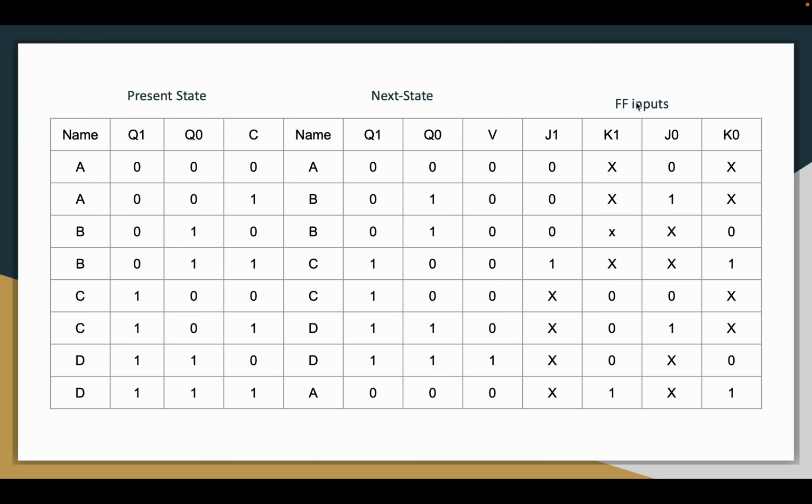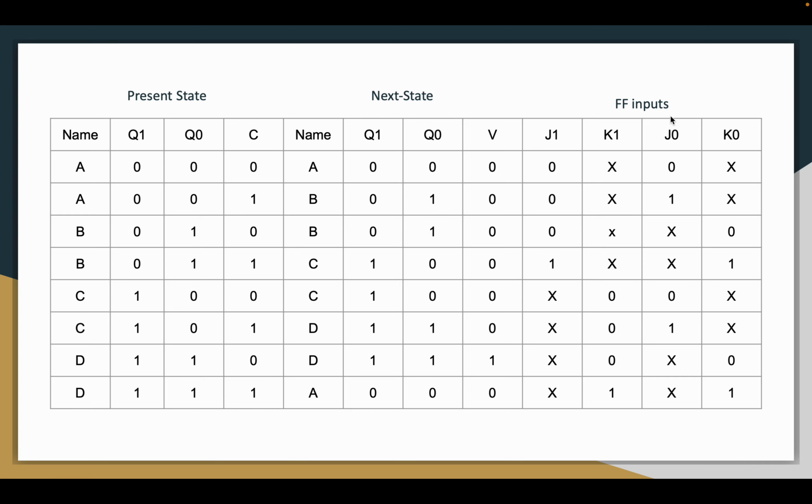When we put in our FF inputs, we're looking for J1 and K1, going from Q1 present state to Q1 next state. We get 0 to 0, which is 0x, and repeat over and over, 0x, until we get here, which is 0 to 1, which is 1x, and then 1 to 1, x0, and then it repeats x0 over and over, and we get right here, which is 1 to 0, which is x1.